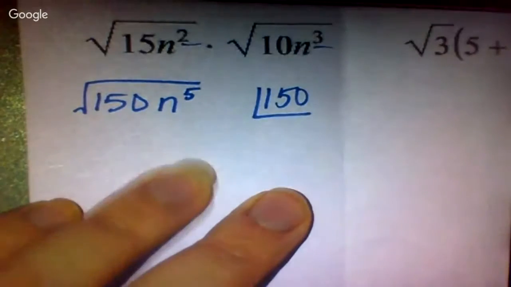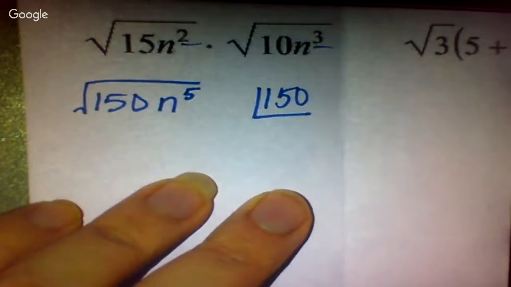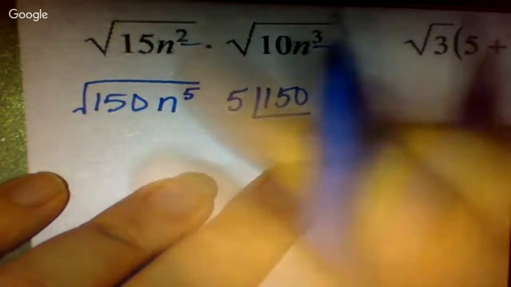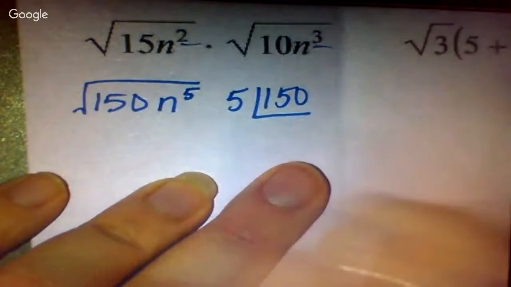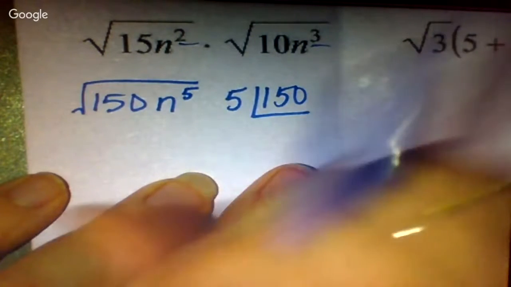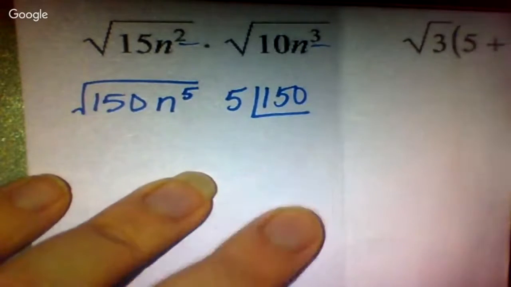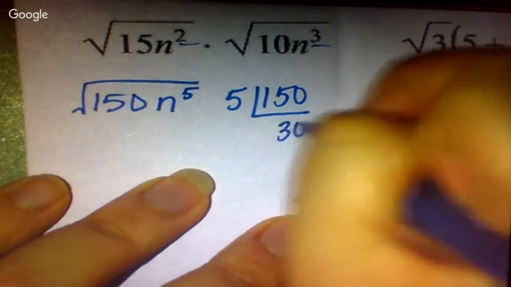We break down 150. The first thought I always have anytime my number ends in a 0 or a 5 is 5. Even numbers are 2. If you can add them up, it's a 3. What do we get when we divide by 5? That's 30.